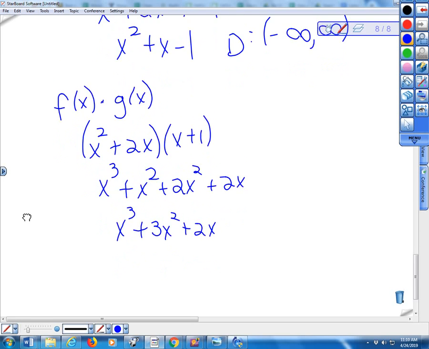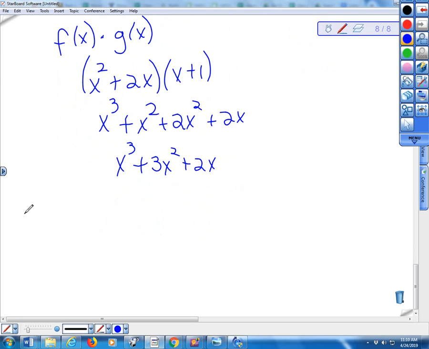This is a cube function. Cube functions' domains are all real numbers. Remember, cube functions look like this. So domain's all real. So domain, again, is negative infinity to infinity.